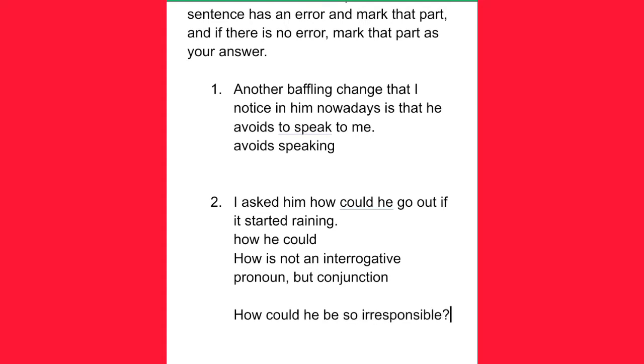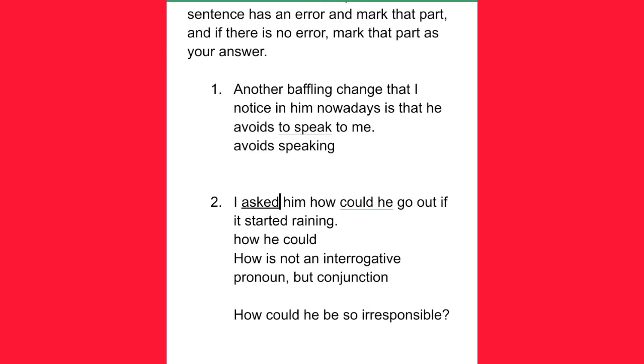All right, somebody is asking someone about someone, how could he be so irresponsible? In this case the sequence is correct because here we are asking a question, but in this sentence, even though you are using the word how, your intention is not to ask a question.